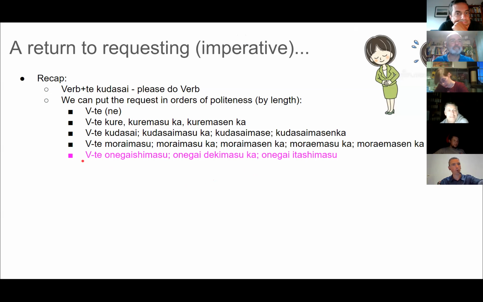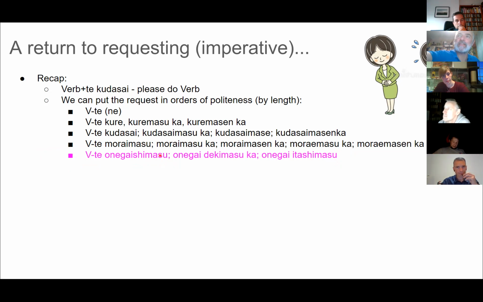Okay. And this is probably one of the really polite ways of saying things. You normally don't hear this unless it's a shop assistant or serving staff in a restaurant. To make verb te onegai shimasu or onegai dekimasu, onegai itashimasu. But basically, you shouldn't use this again with people that you know, even your teacher.